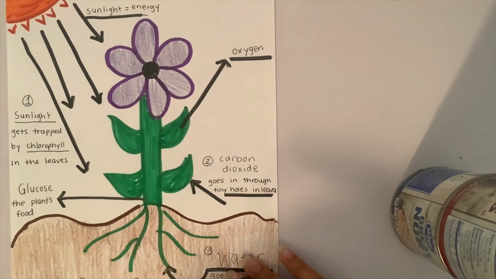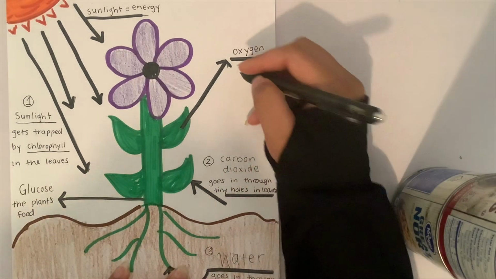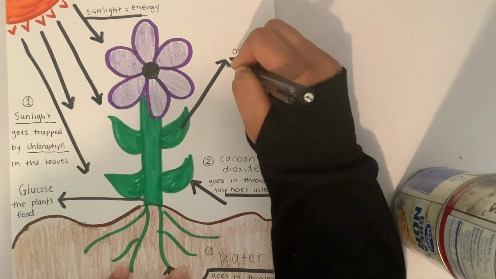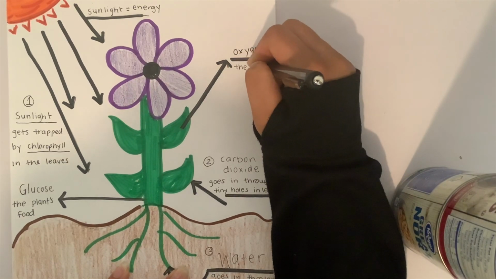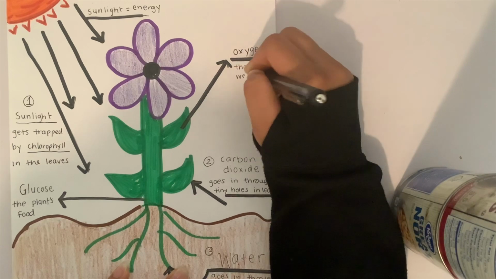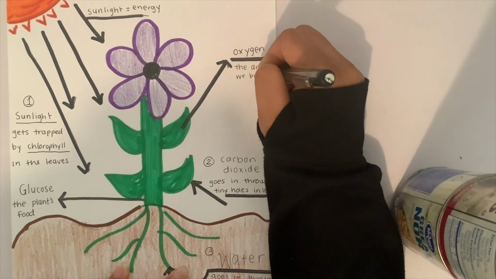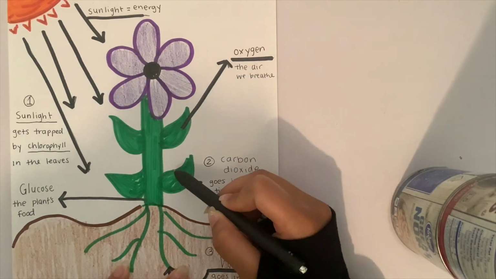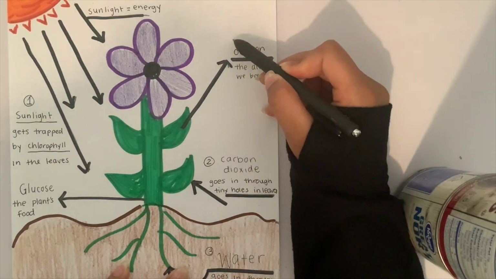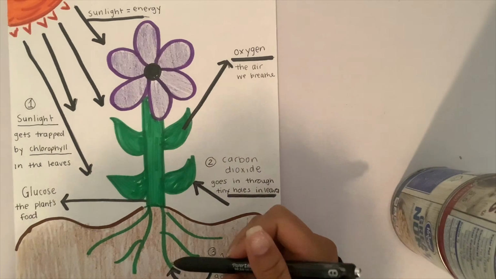Oxygen is the air that we breathe, right? So we're going to write underneath the air we breathe. And we put an arrow going out so we know that the oxygen is released from the plant, not taken in by the plant.